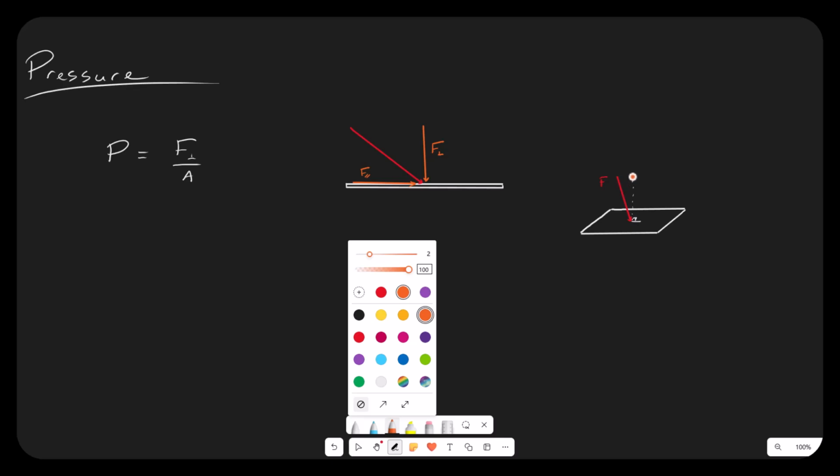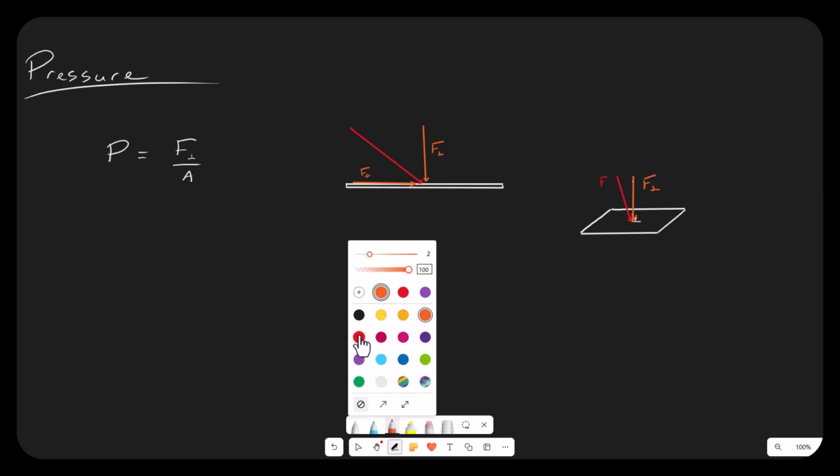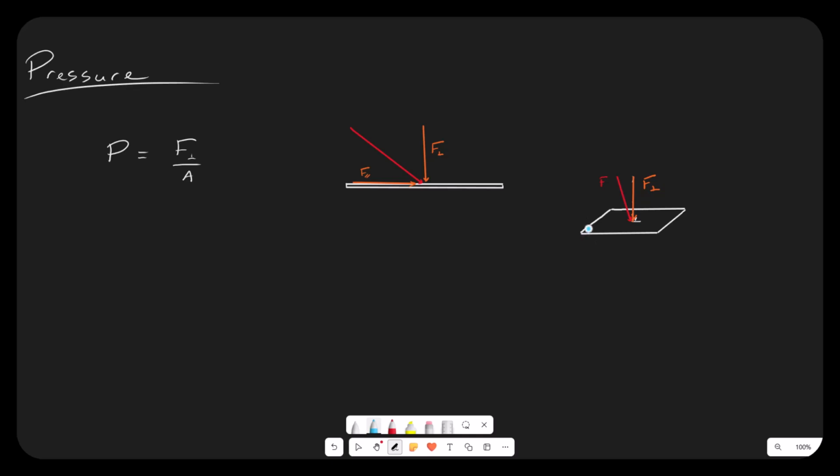That would be this. And then the area that I want is just the area of this board, assuming that force is actually acting, not at one point, but across this whole thing. So if that's the case, I can find the pressure acting on this by doing the force over the area.